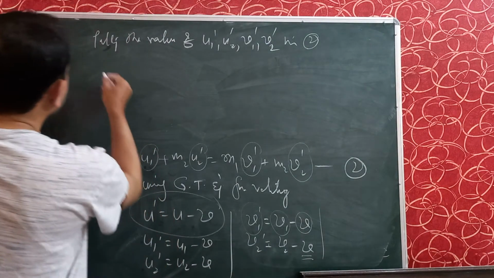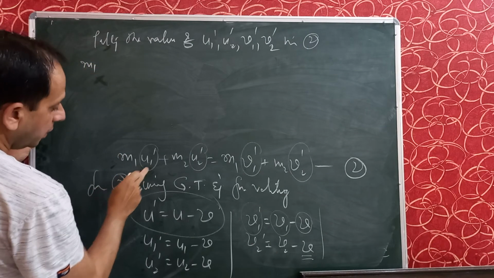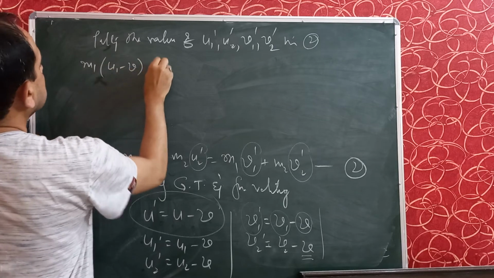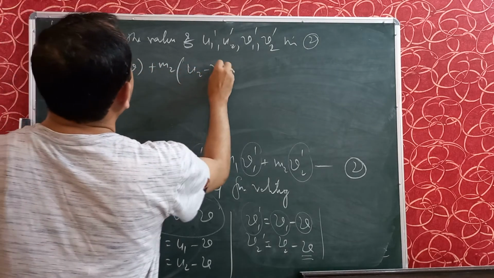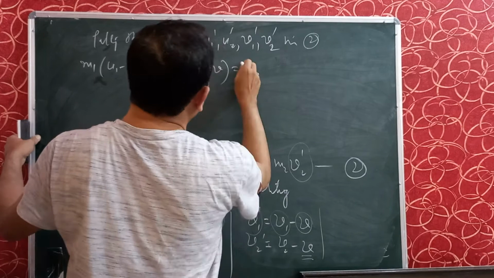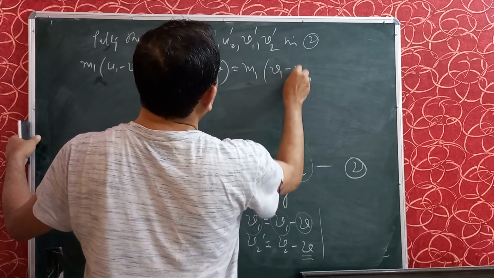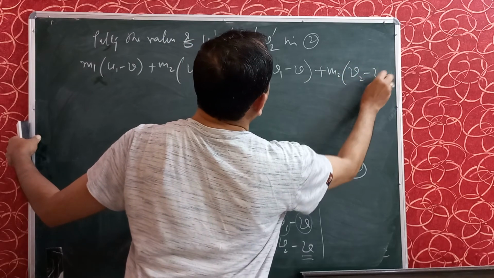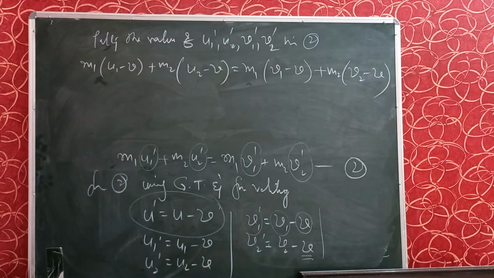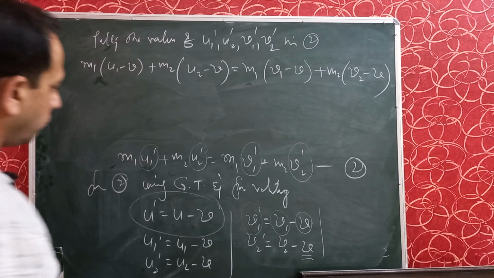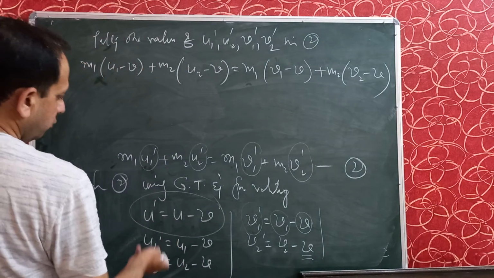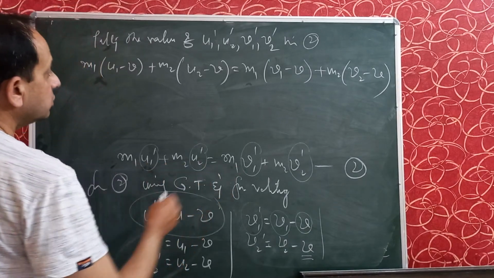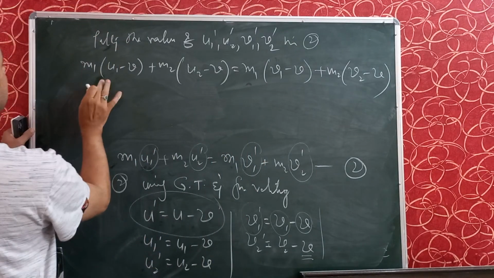So putting these values, we get m1 into u1 dash, that is u1 minus v, plus m2 into u2 minus v, is equal to m1 into v1 minus v plus m2 into v2 minus v. I put the values of these dash variables in the second equation, and we will solve it.